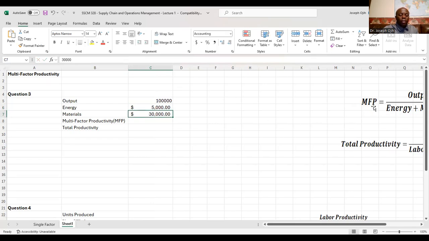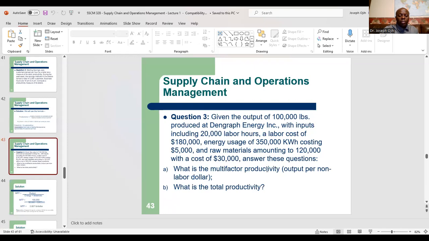So what we're looking for is the multi-factor productivity, and the question says to calculate the multi-factor productivity and the labor productivity. So let's go back and calculate both productivity types.